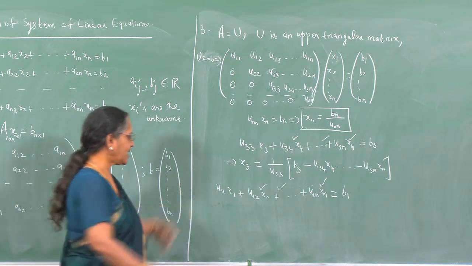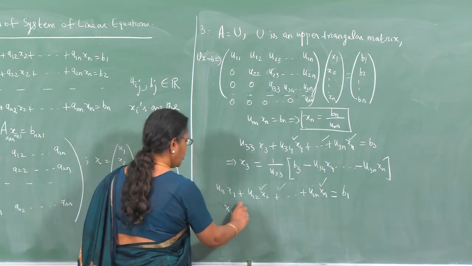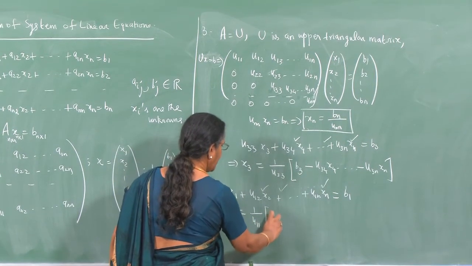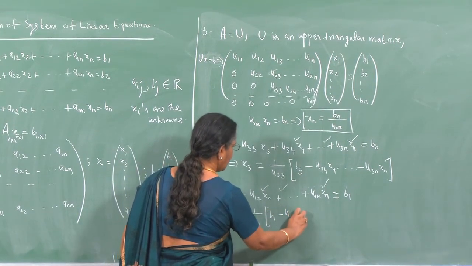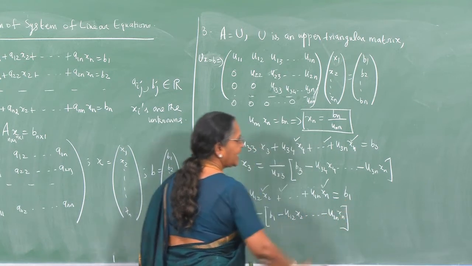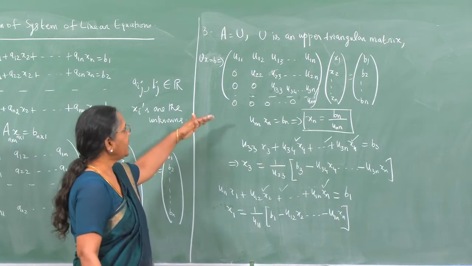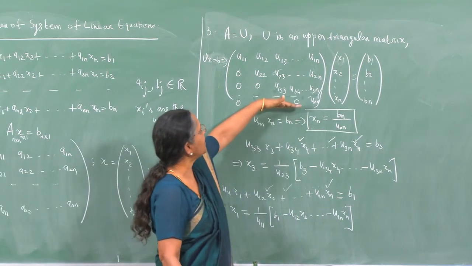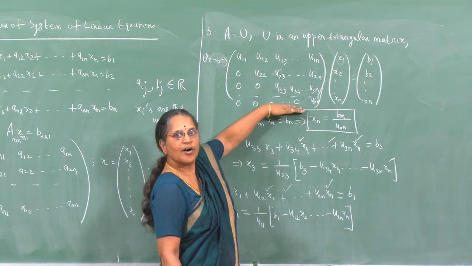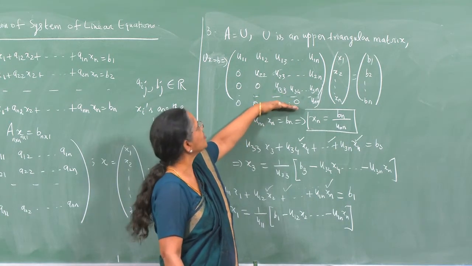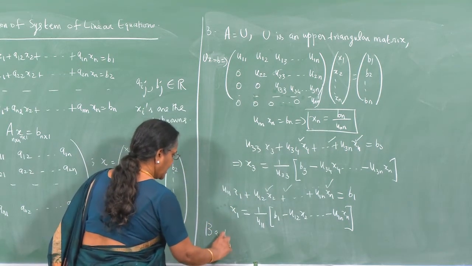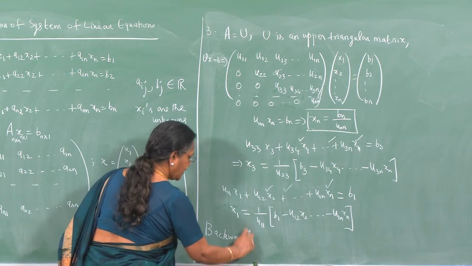So, you require x1 and the first equation will give you x1 to be 1 by u11 into B1 minus u12 x2 etc. minus u1n xn. So, you have been able to obtain the unknowns by moving backward from the last row of the system of equations to the first row, and so this is referred to as backward substitution.